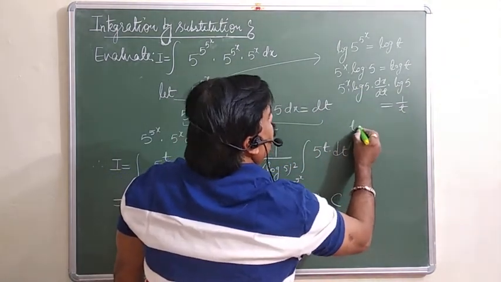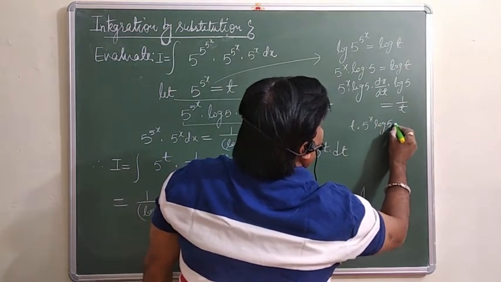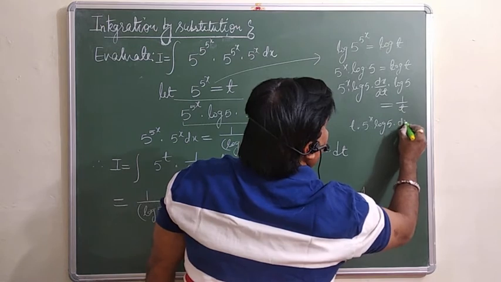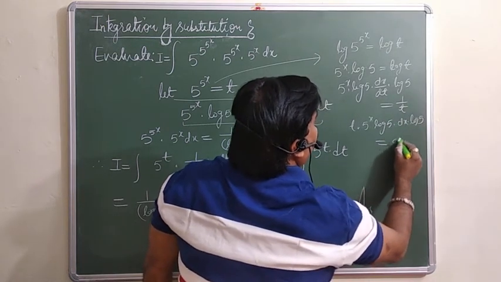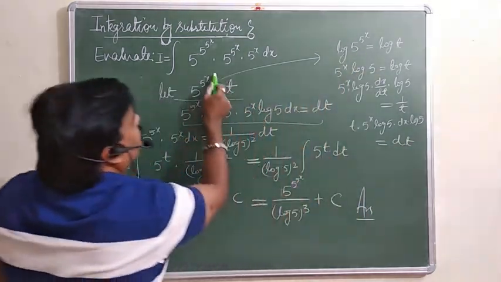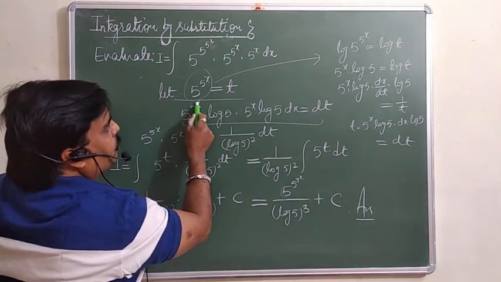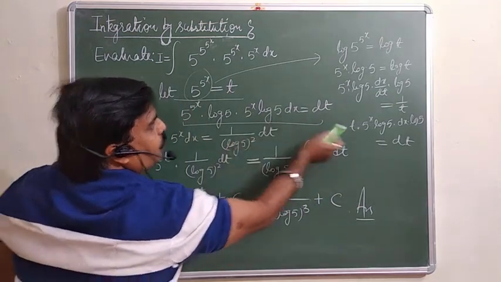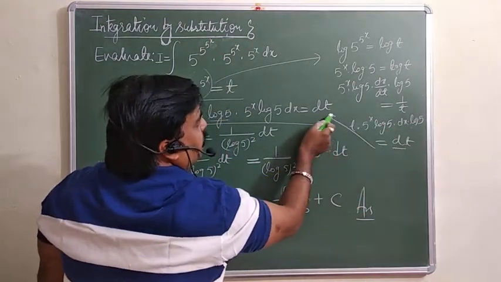So you will get t into 5 raised to power x into log 5 into 5 raised to power x into log 5 into dx is equal to dt. And t is already assumed, so you can put the values here. So you will get 5 raised to power 5 raised to power x into 5 raised to power x log 5, into log 5 is also here, that is equal to dt. This is what you are getting.